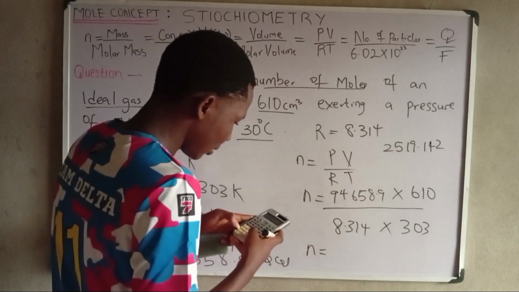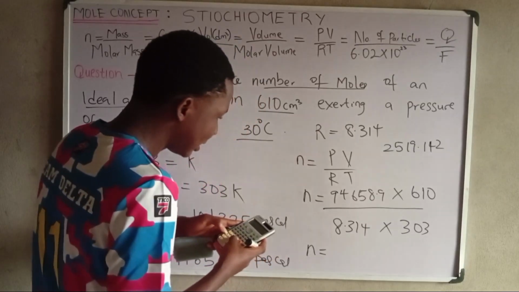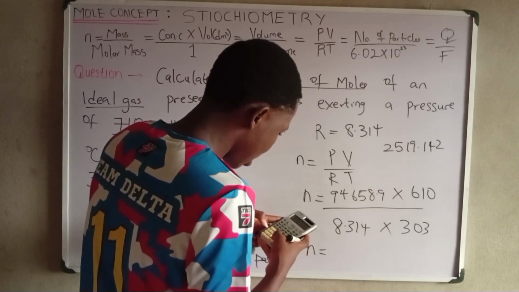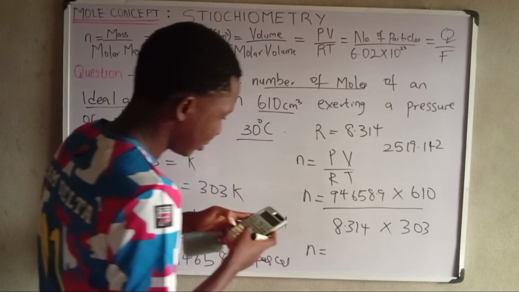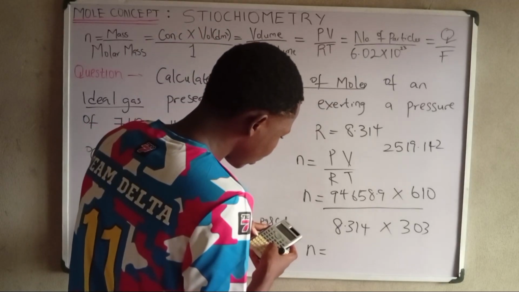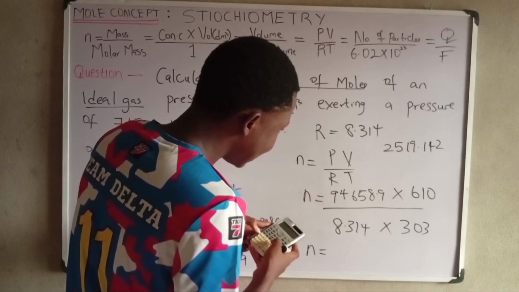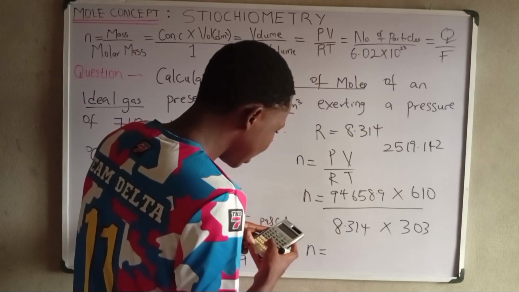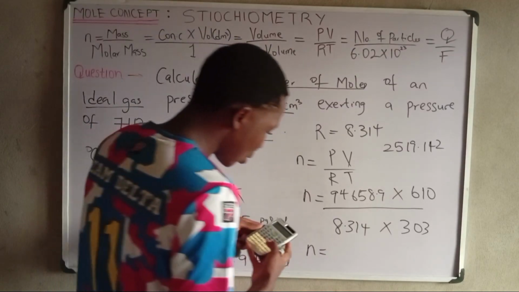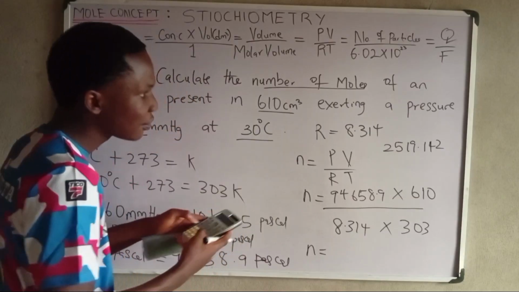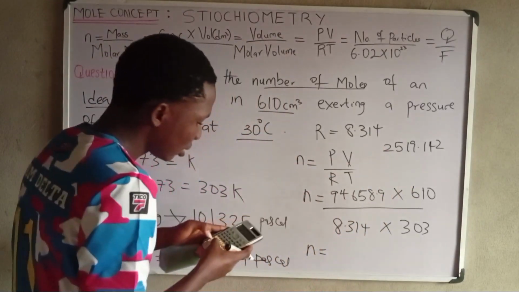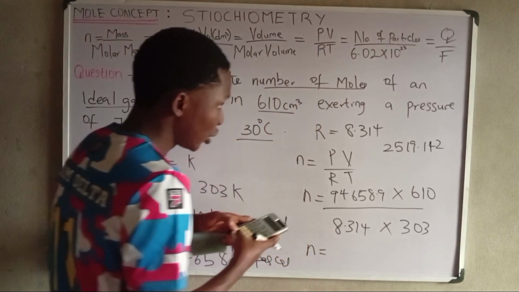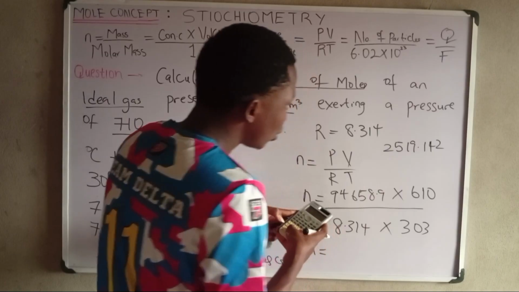So now 94658.9 multiplied by what? 610 is equals to what? Now this huge value we just have to divide by this value here, 2519.142.